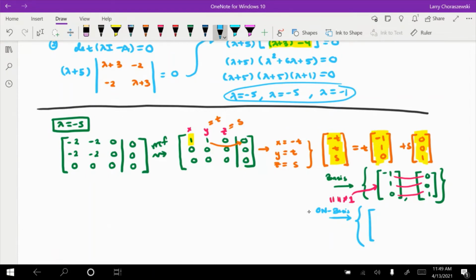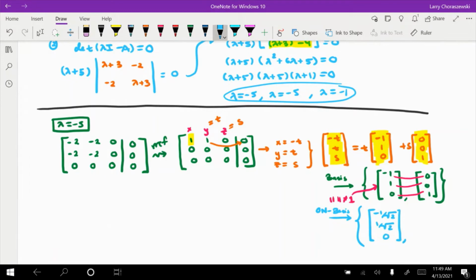Does anybody want to offer the magnitude of this first basis vector? It is the square root of 2, yep. So let's take -1 and divide it by the square root of 2. We'll take +1 divided by the square root of 2, and then 0 divided by radical 2 is still 0.